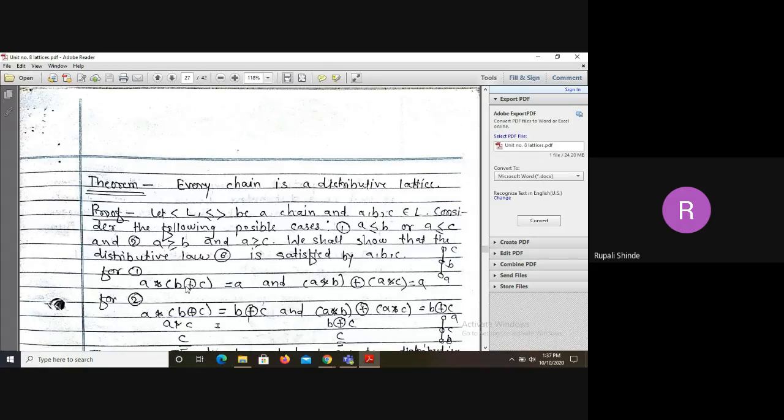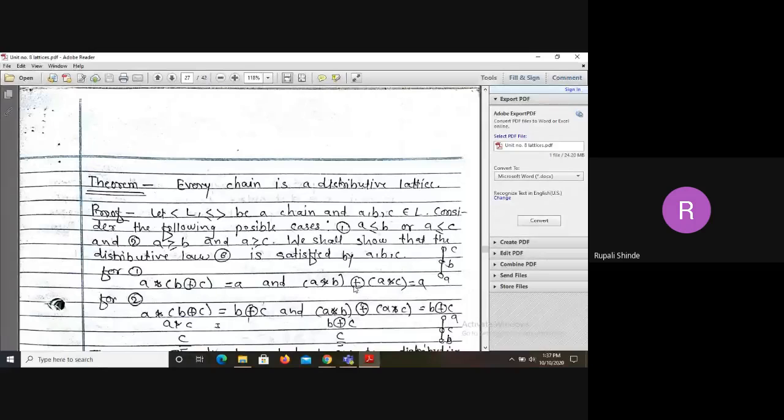Now apply the distributive property, that is A star B, this is the first bracket, XOR A star C. Now solve the first one, A star B. That is the greatest lower bound of A and B, A. Then XOR A star C, greatest lower bound of A and C. Again it is A. This was the value we got for RHS, A XOR A, and the value is A. So LHS is equal to RHS.